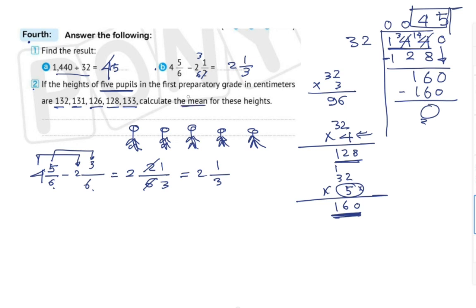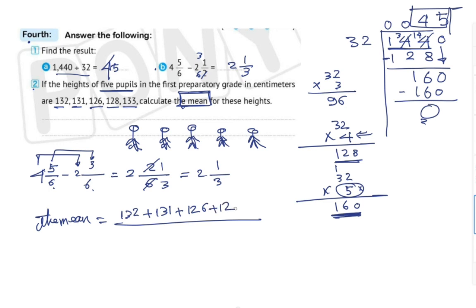Calculate the mean. When you have some values and you need to find the mean value, you use what? Use the rule. The rule tells you to add all of the values like this, and then divide by the number of values: 1, 2, 3, 4, 5.